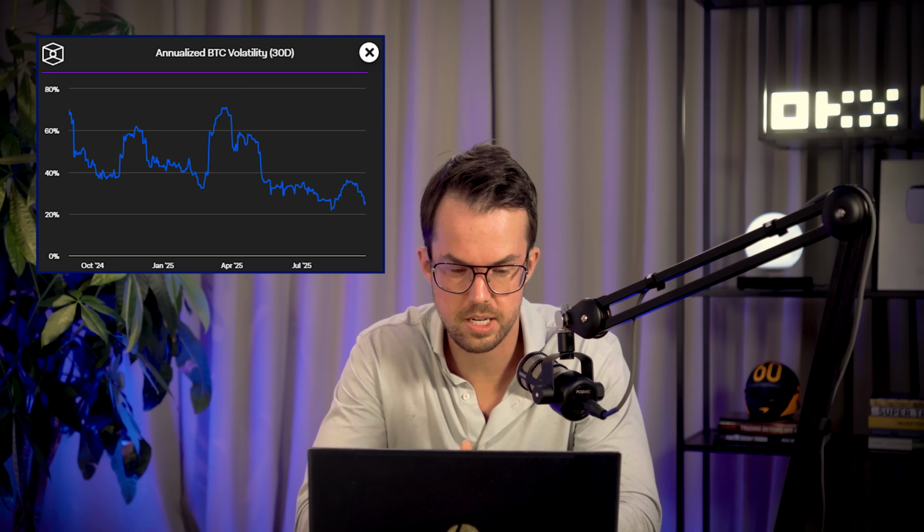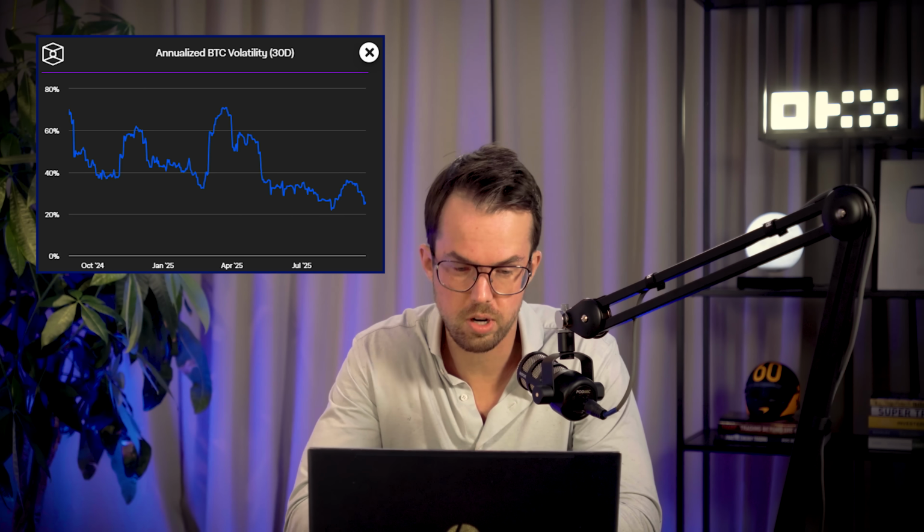Recalculating that towards monthly means 14 to 15%, which means that in a month, it's very normal for Bitcoin to go up and down by 14 to 15%. It's also even possible to go up or down by twice that. Chances are a little bit less, but that is way more than the most volatile asset in the stock market, Nvidia, and it's also triple as much for comparison with gold.